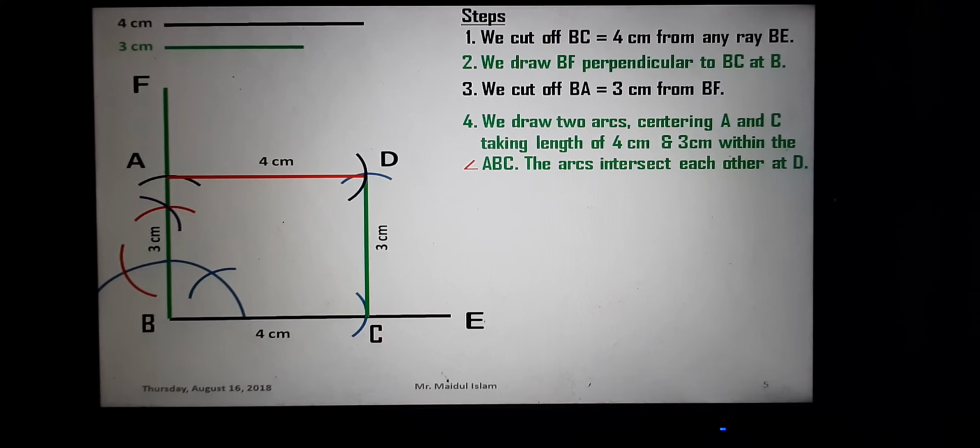So my dear, do you know why it is a rectangle? Yes, it is a rectangle because its opposite sides are equal and one angle is how many degree? 90 degree. My dear, so finally there is another step remaining, that is we join AD and CD.